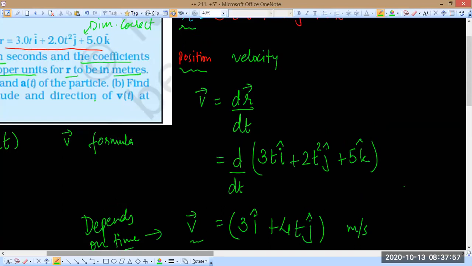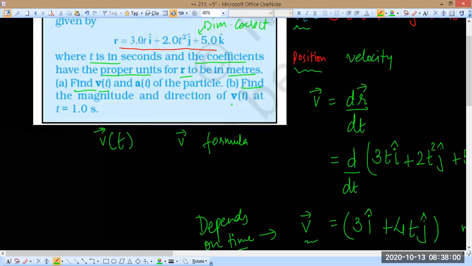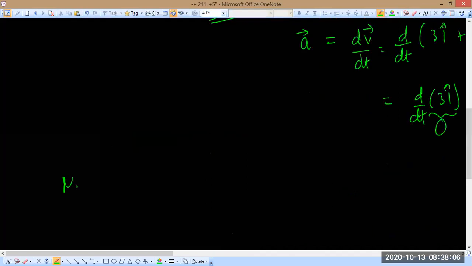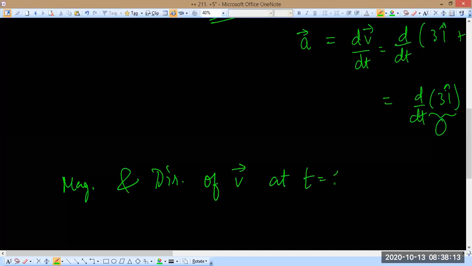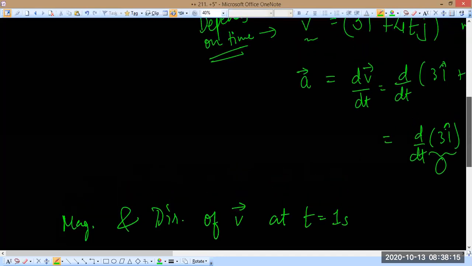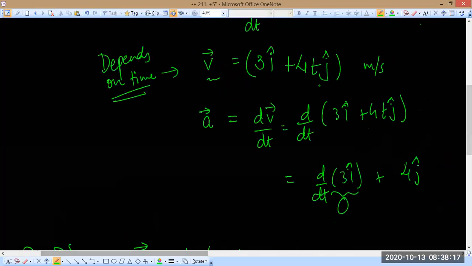Find magnitude and direction of velocity at t equal to 1 second. Okay, let me take this below. Let me write the question. Let me find magnitude and direction of velocity at t equal to 1 second. Let's write the formula of v that we have here. Okay, this one.